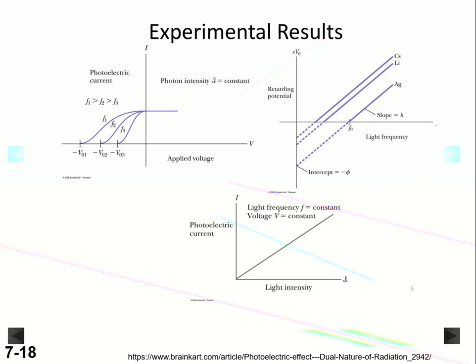That is, the voltage required to stop the electrons as a function of the light frequency. And you can see that cesium, of course, has the lowest energy required to lose an electron. Lithium is next, and silver is quite a bit higher, and gold will be further yet.